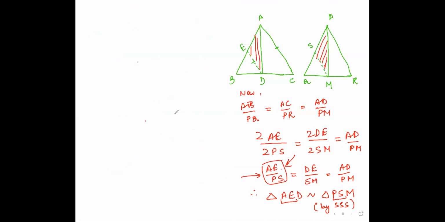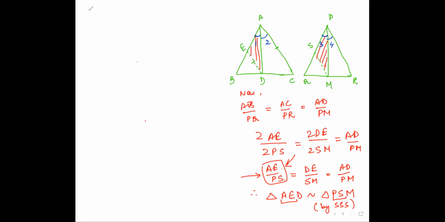Okay, if the triangles are similar, then some angles are going to be equal. Let me give some names to the angles. This angle will be equal to this one, clear? And this angle will be equal to this one now. Let me call them 1, 2, 3, 4, or X, Y, whatever you want.